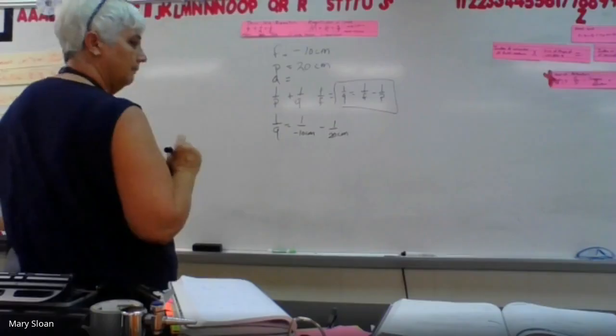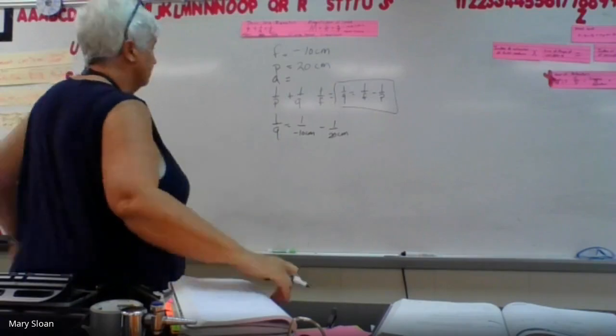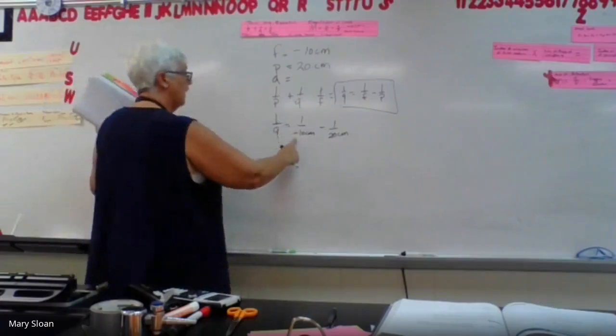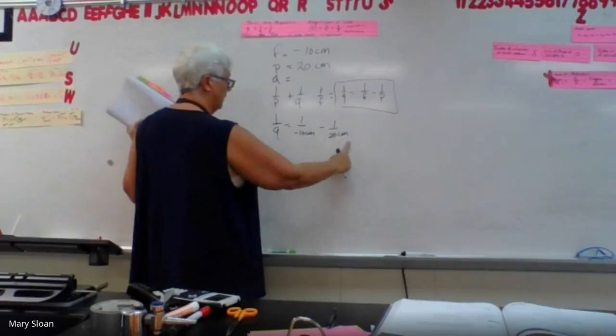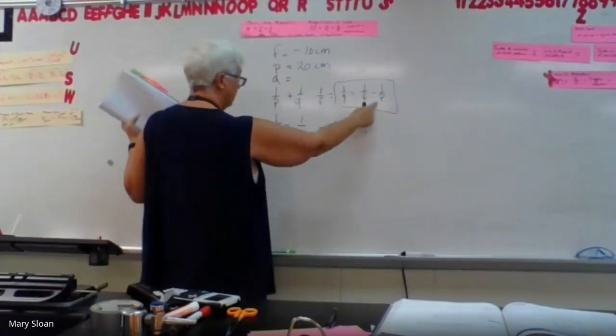So what's my equation? It should be 1 over negative 10 centimeters minus 1 over 20 centimeters, right? Yes, ma'am. Doing 1 over F, subtract 1 over P.